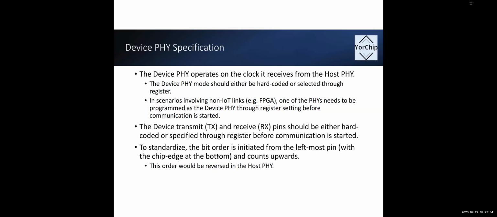And that's when we say, well, either hard-coded or have a register to make it always a device phi. And if you want to connect two, say, FPGAs within this link, you have to assign one of them to be the device. We don't want to do stuff like they do on the Ethernet side, which is to pick a random host or device or whatever terminology they use.